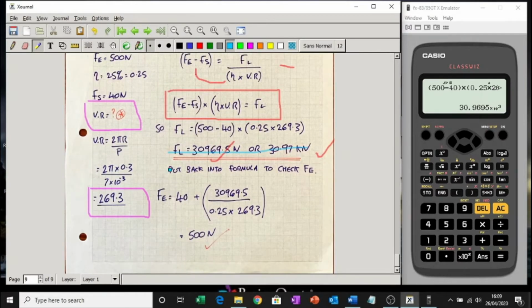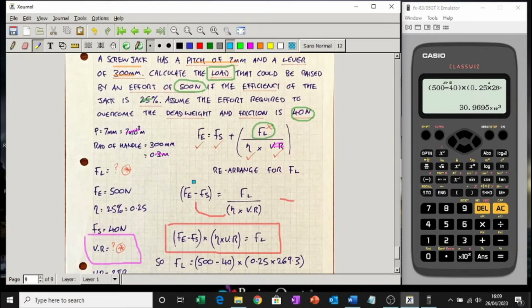So what you can do, to check this number, because you also check that everything's correct, one way you simply could do it is put it back into the formula. So I know that I worked out 30.97 kilonewtons. I'm going to put it back in this formula and pretend I don't know what the effort is.